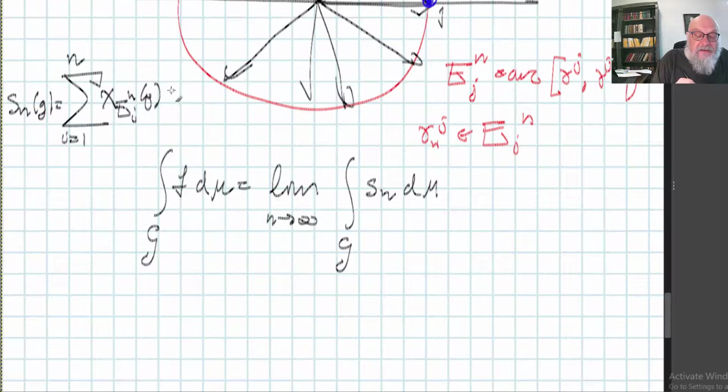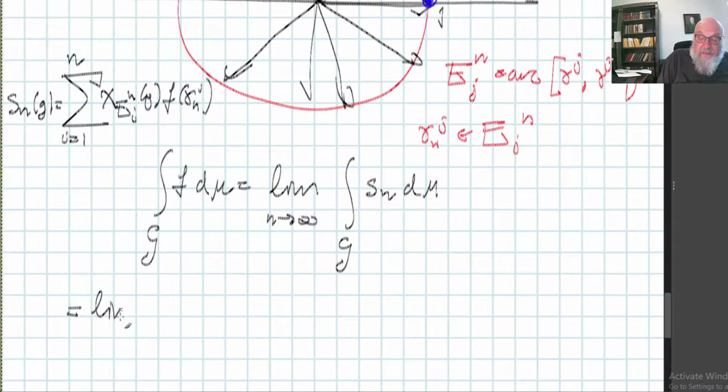Maybe let's write it down simply as f of gamma n i, like that. It's easier. So let's use the formula.